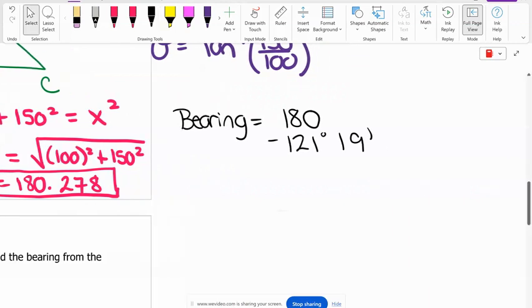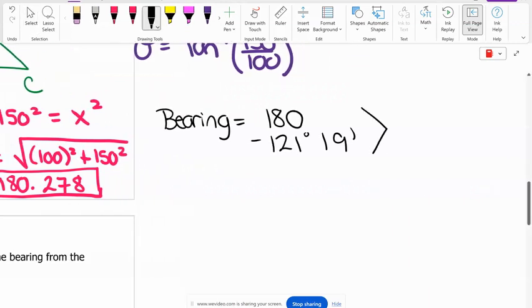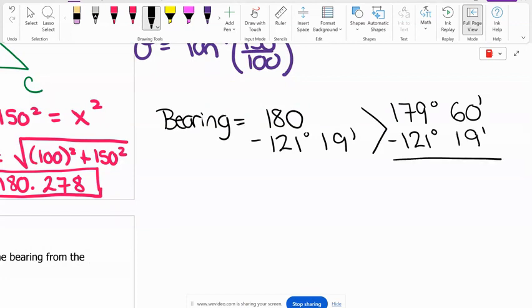No, I have to change them both into degrees and minutes. So this is going to be 179 degrees and 60 minutes minus 121 degrees and 19 minutes, which will end up giving us 58 degrees and 69. Nope, that's wrong. 58 degrees and 41 minutes. Does that sound better?